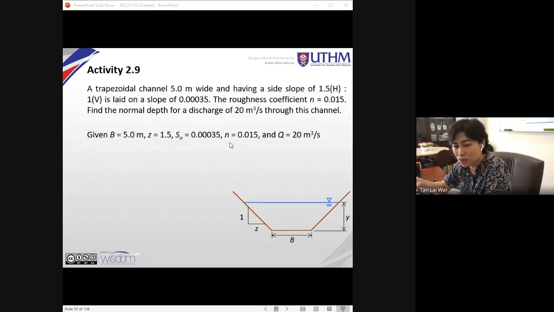So when the question asks us to find normal or uniform depth of flow, we need to rewrite the Manning roughness flow equation or Chezy roughness flow equation in terms of section factor. And then we have to solve it. It's not direct, except for triangular section. Triangular section, you can solve it directly. So for indirect sections, you need to master your trial and error.